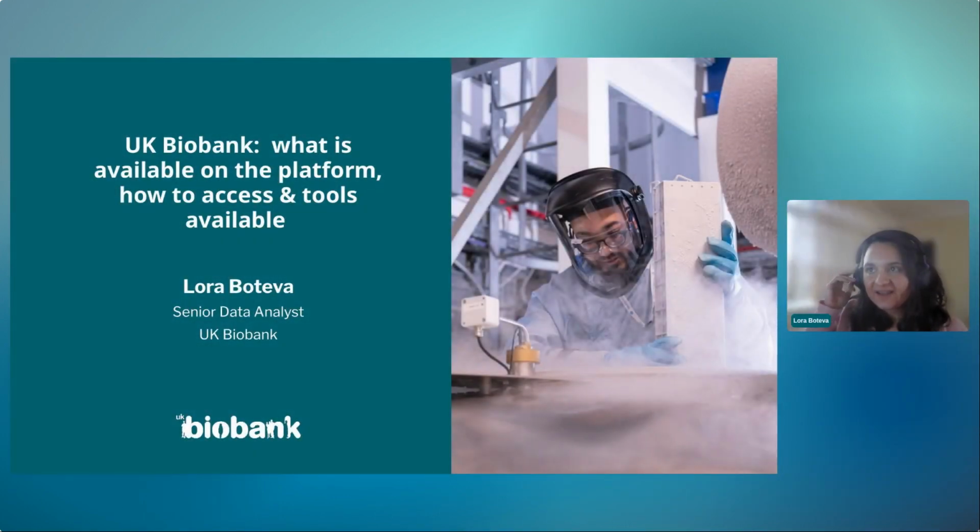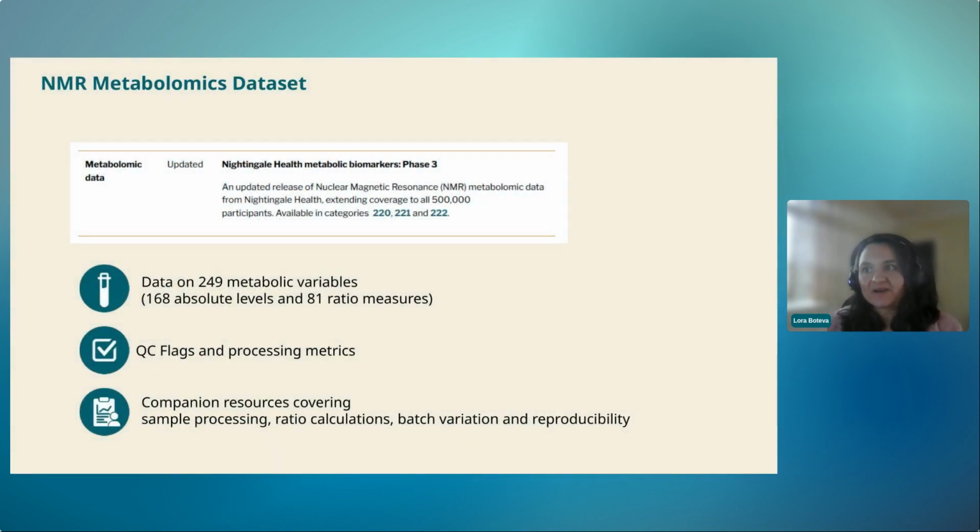Hello, everyone, and thank you for tuning in. I'm one of the senior data analysts here at UK Biobank, and I will briefly go over what data is available and how you can access it. As of last November, we have NMR metabolomics data for the full cohort, so nearly all 500,000 participants taking part in the UK Biobank study. That comprises raw data on 249 metabolic variables, including 168 absolute levels and 81 ratio measures.